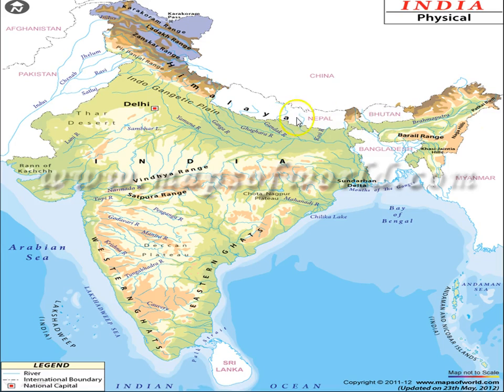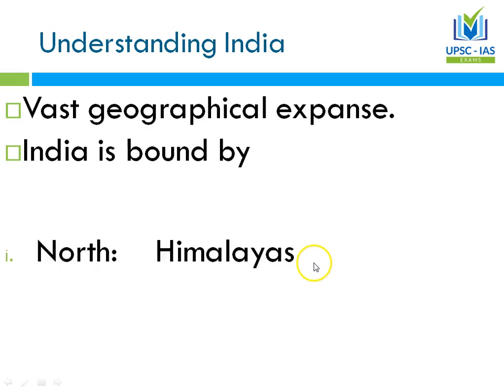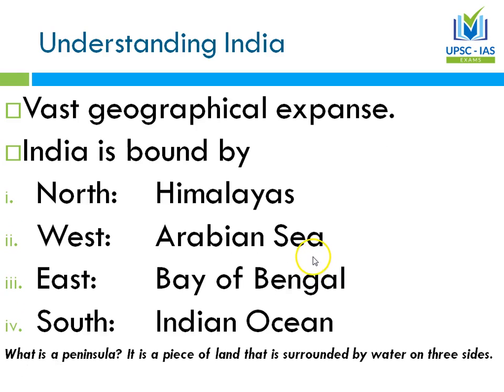So this is your whole of Himalaya. On the western side, we have the Arabian Sea. This is our Arabian Sea, right? And this is the Bay of Bengal. And of course, in the southern bit of our country, we have the Indian Ocean. So this is very simple to understand.